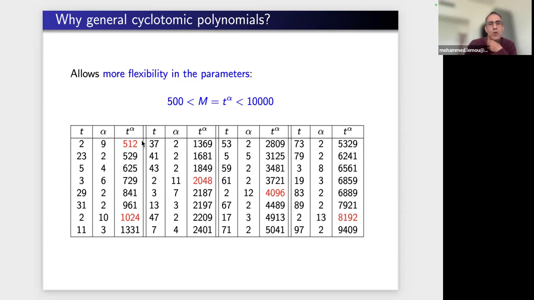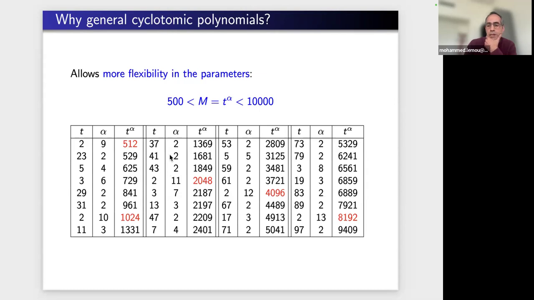In this table, you can see the power 2 values in red, and all the other values in black. These are the values between 500 and 10,000, for example, and we see that you have flexibility in the choice of this parameter.